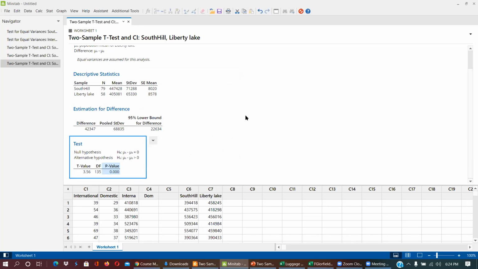So whether you check that or this, in both cases, Liberty Lake is lower.